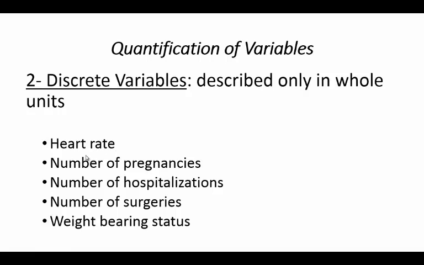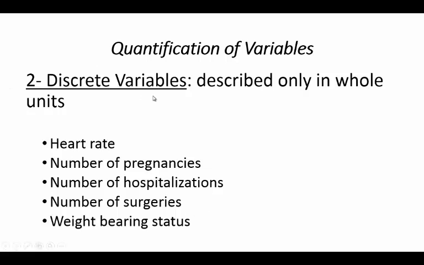You can't have a fraction. Number of pregnancies: a person got pregnant 3 times, 4 times, but not 2.5 times. Number of hospitalizations, number of surgeries, weight-bearing status. All of these variables come in whole numbers. They don't come with fractions.